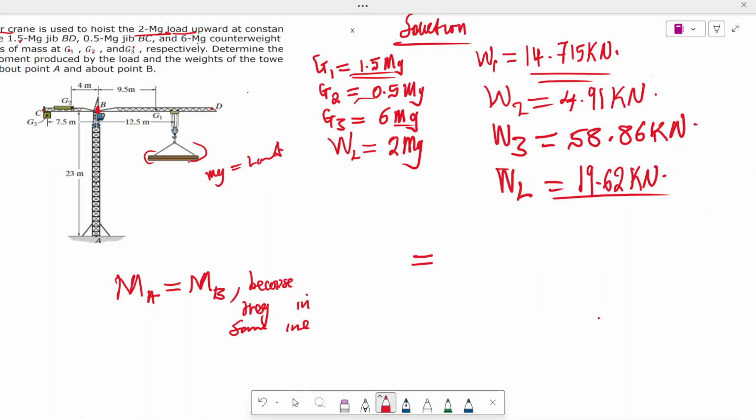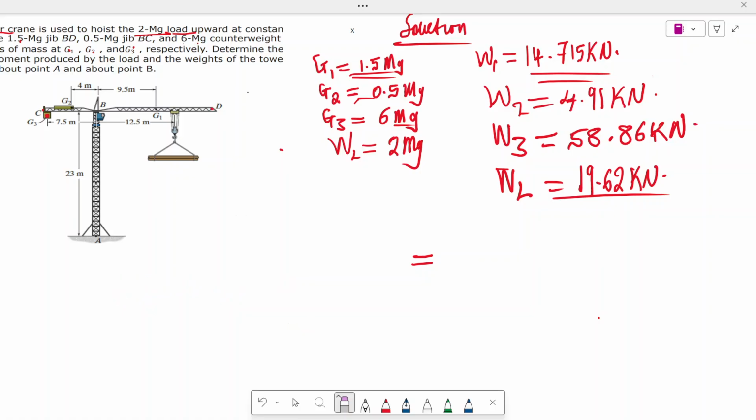As you can see, these forces G3 and G2, when we apply the forces here, are going anti-clockwise, which is positive, but this one is going clockwise, which is negative. So this one is going to carry negative, but these are going to carry positive.